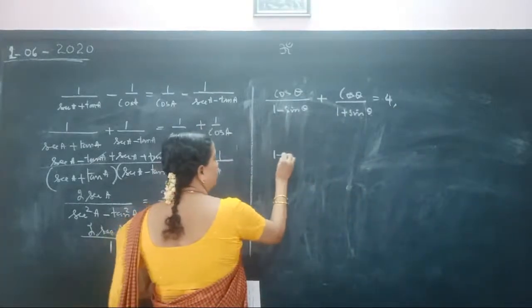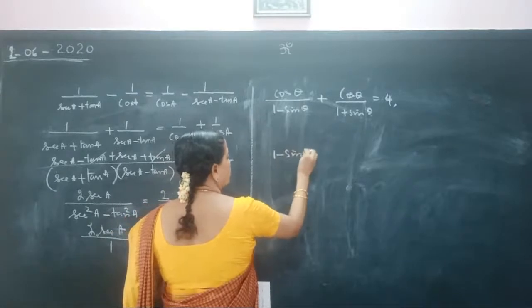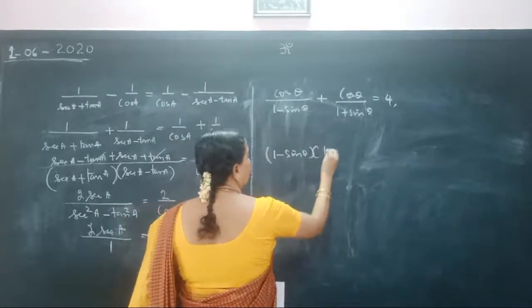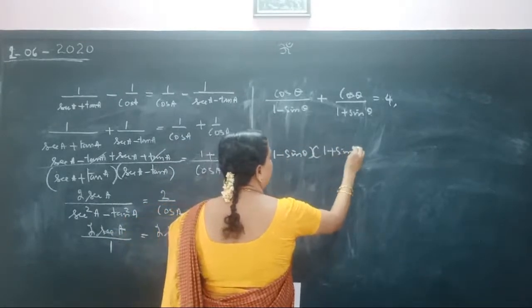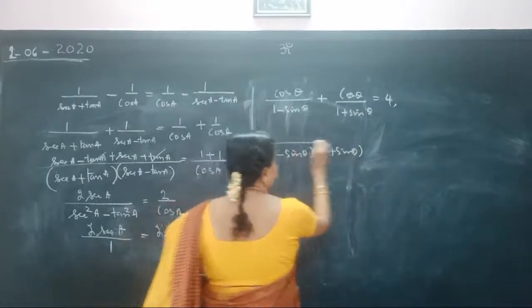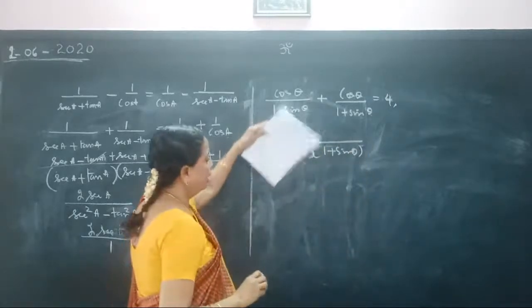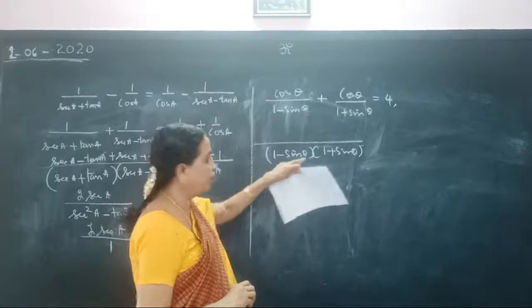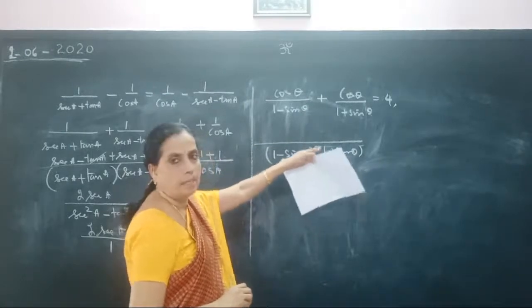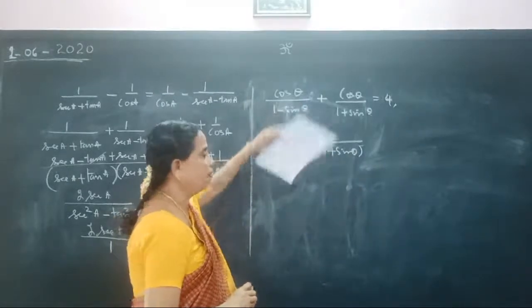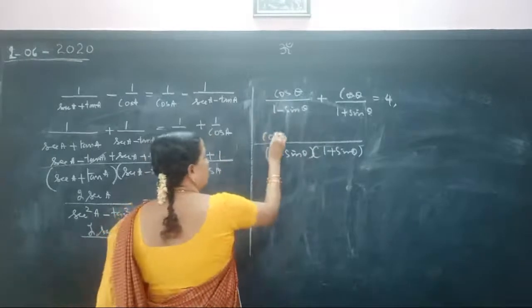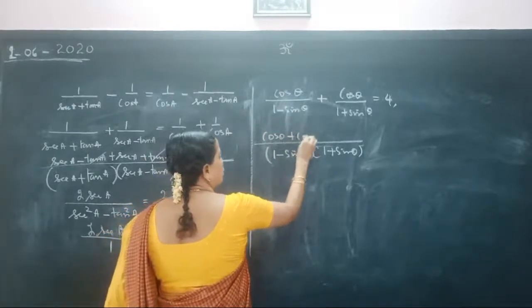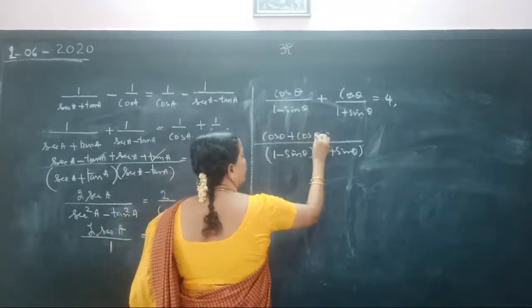Taking LCM, 1 minus sin theta into 1 plus sin theta, dividing what is left, 1 plus sin theta. Multiplying 1 plus sin theta with this, you will get cos theta plus cos theta into sin theta.